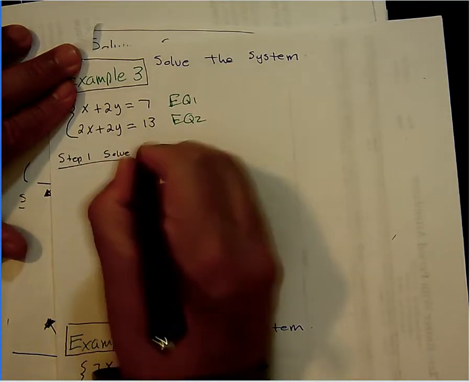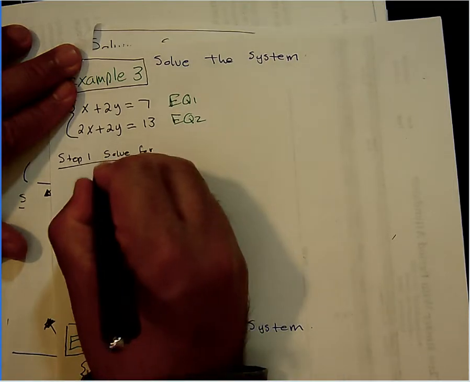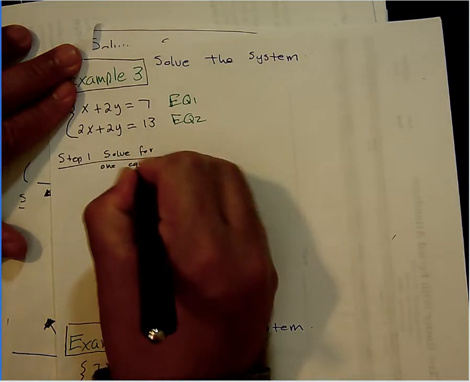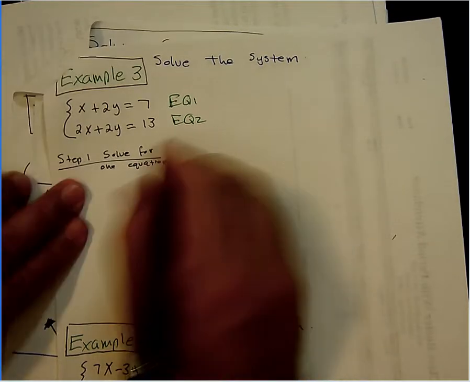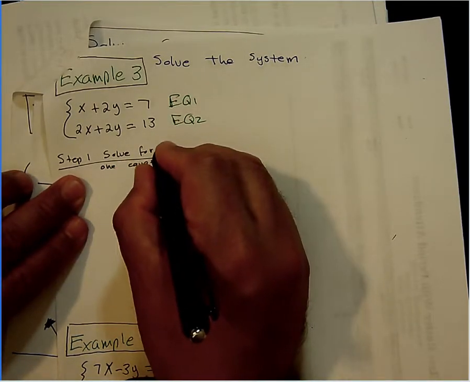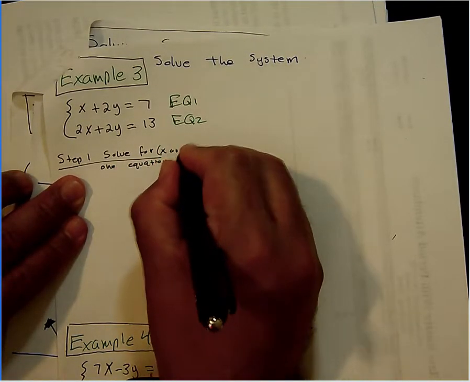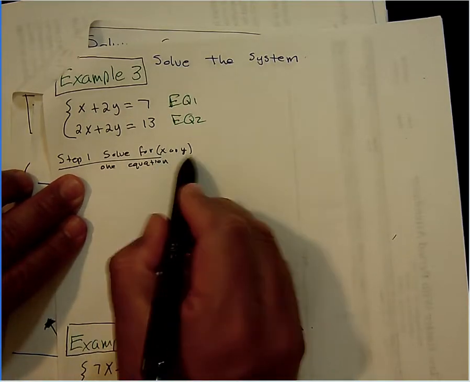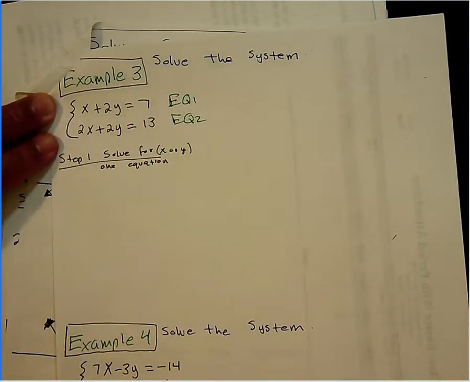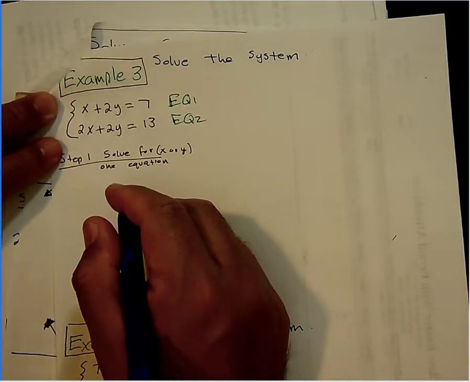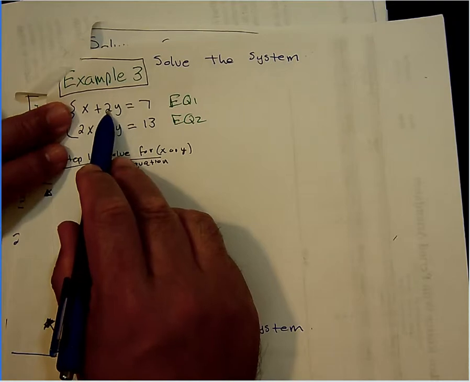Solve for one equation. And when I mean solve, it is for x or y. You decide if you want to solve for x or y. It doesn't matter. Sometimes it's easier if you solve for one, but in this case, I'm going to solve for the first one.